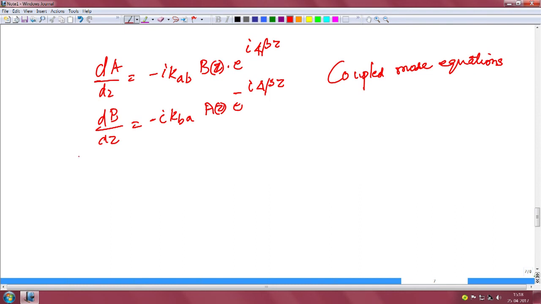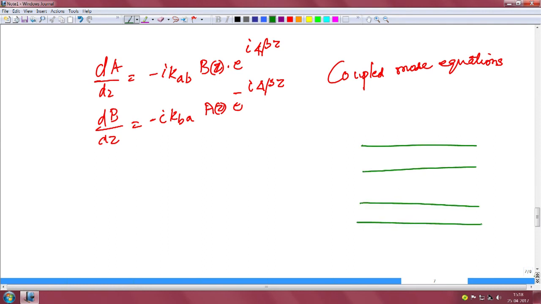Let us apply this for a simple case of a directional coupler consisting of two waveguides. I will not evaluate the coupling coefficients right now, but let us see what happens to the solution when it comes. So, when waveguide 1 and waveguide 2 are identical, we have a directional coupler consisting of two identical waveguides.